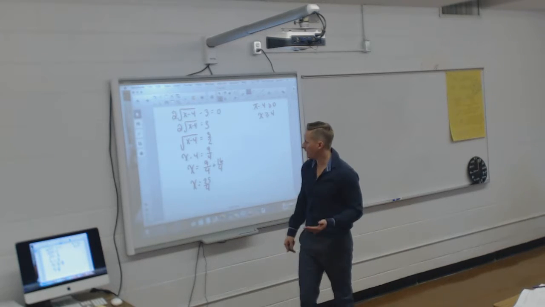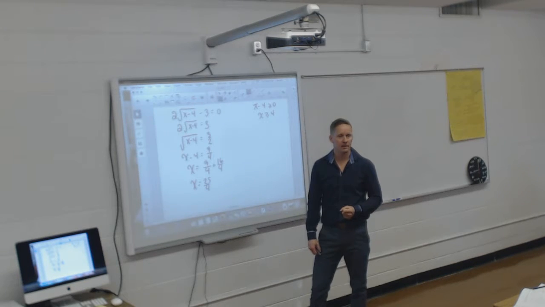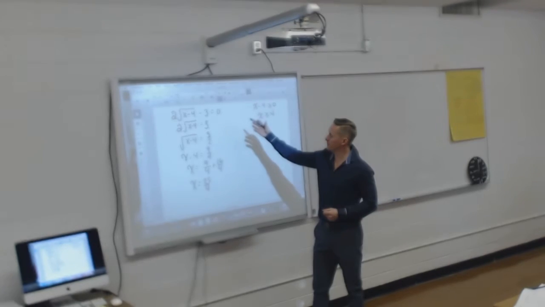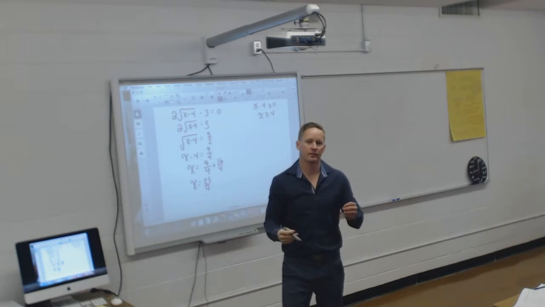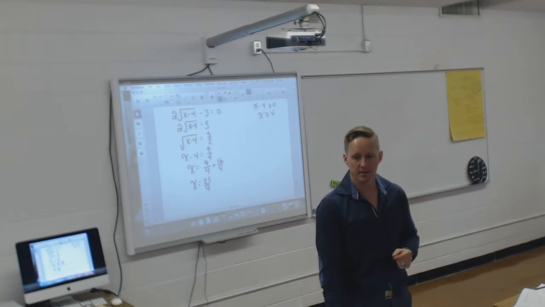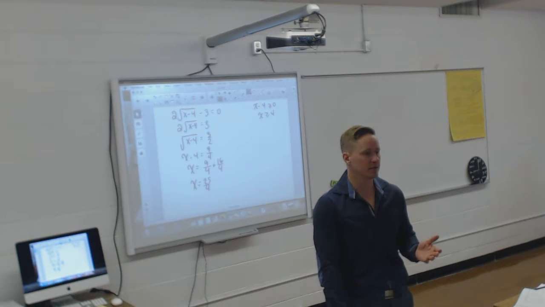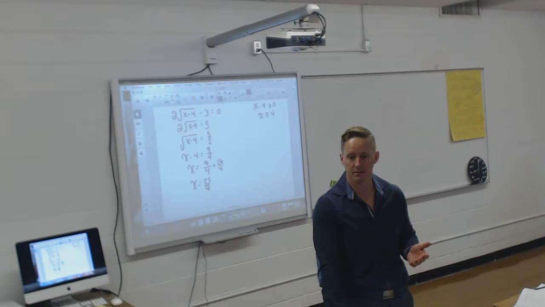Okay. Now, calculator-wise, there are 2 ways in which we can do this question. The first is to graph everything on the one side and then find an intersection point. But in this case, because it's equal to 0, I'm just going to graph y equals and find out where it crosses the x-axis.